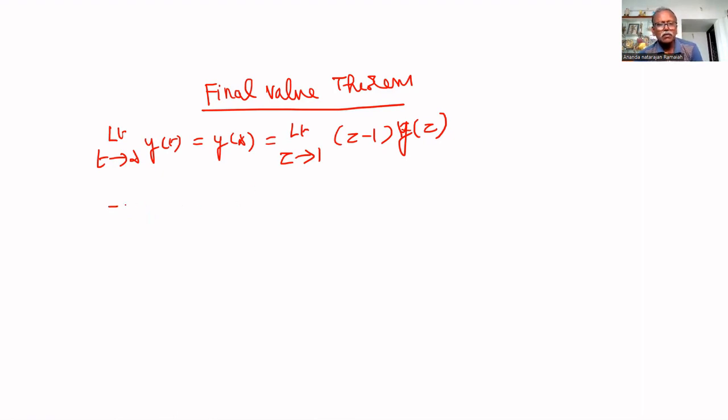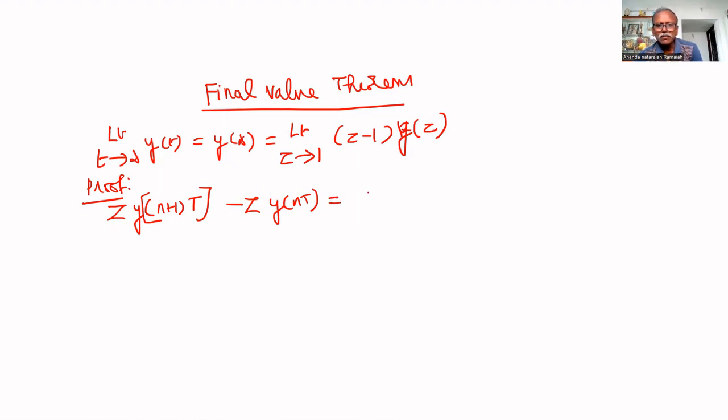Consider the z transform of y of (n plus 1)t minus the z transform of y of nt. This is equal to what?